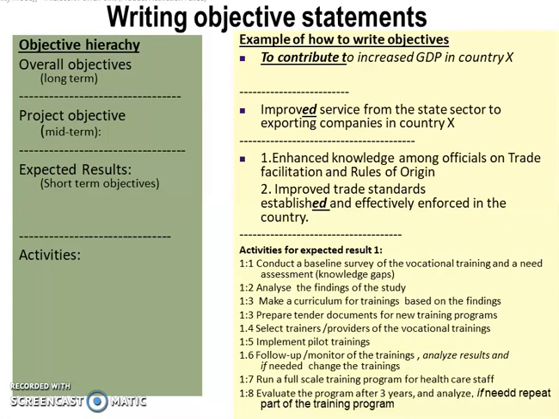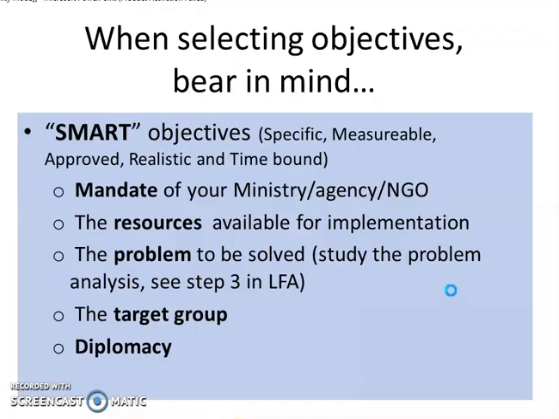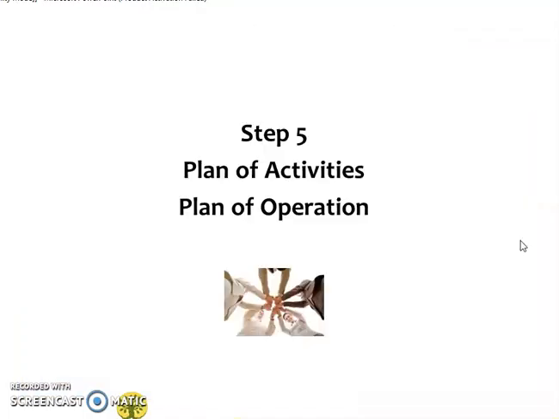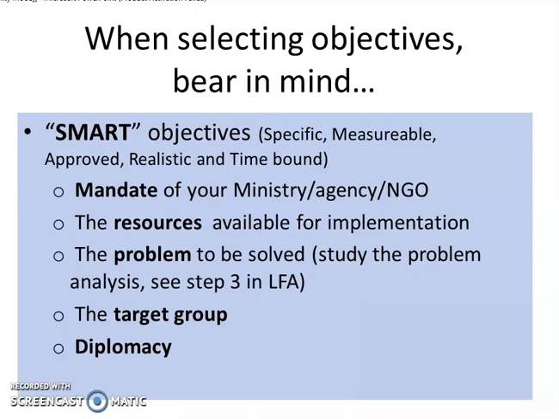And when we go to the next slide, it is about what we have to do when selecting objectives. It is something that we are expected to do. It should be SMART, as we know. SMART is an abbreviation: specific, measurable, approved, realistic, and time-bound.